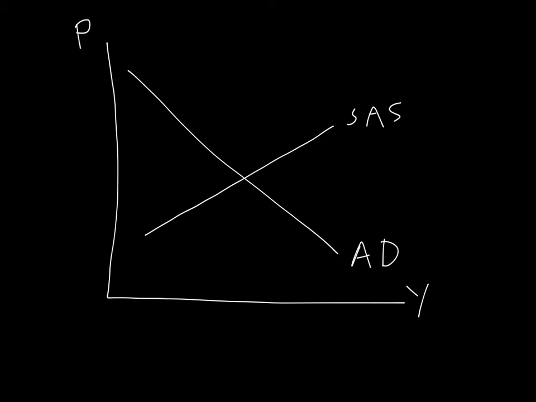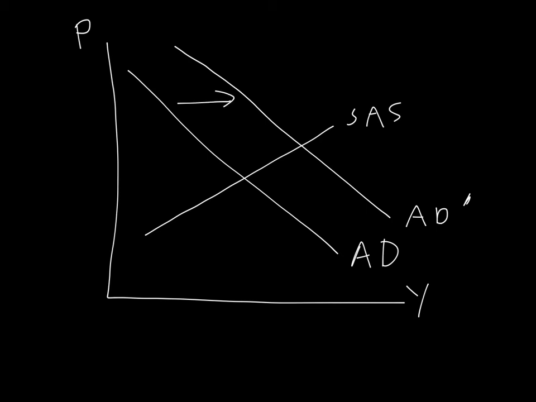So if the government undertakes expansionary monetary policy, which means stimulating the economy through increasing the money supply or decreasing the discount rate or the reserve ratio, what will happen is that the aggregate demand curve will shift to the right. Something like this.